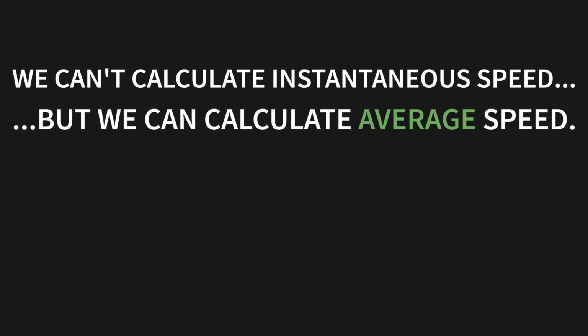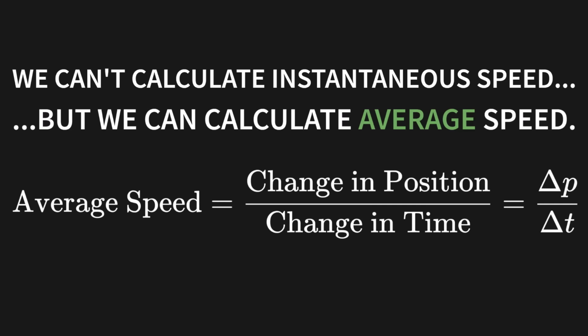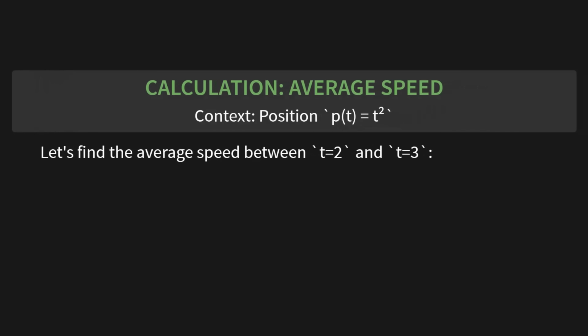We can't calculate the instantaneous speed, but we can calculate the average speed. And the formula for average speed is just the change in position divided by the change in time. Or, as you might see it, delta p over delta t. So let's do a quick calculation for the average speed. Our context is still p of t equals t squared.